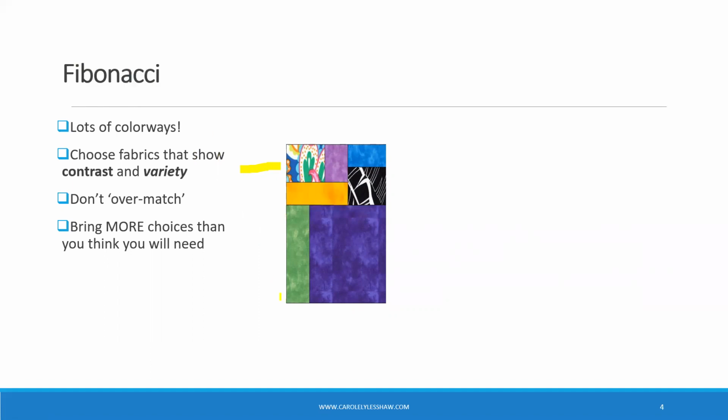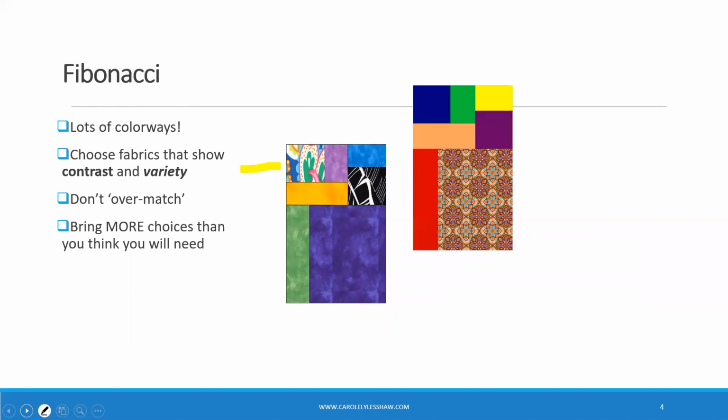Now, in terms of don't overmatch, notice that I've thrown in an abstract, modern black and white print. Black and white prints can be a really fun addition to your selection of fabrics, so think about bringing 1 or 2 of those. Here's a different colorway and style of fabric used.